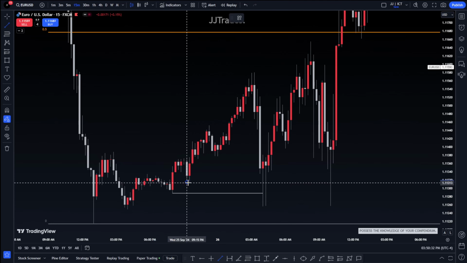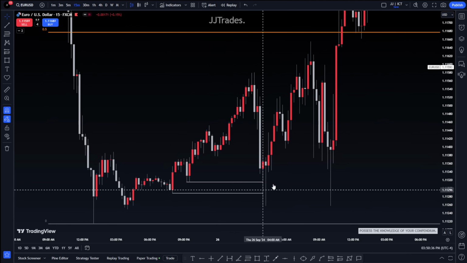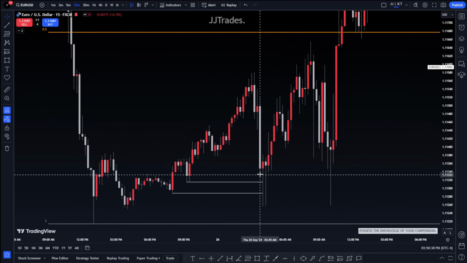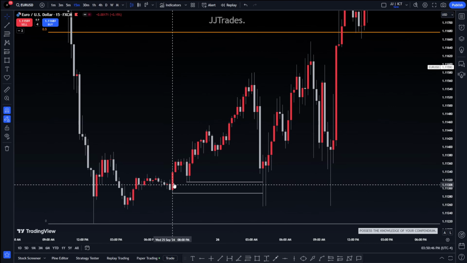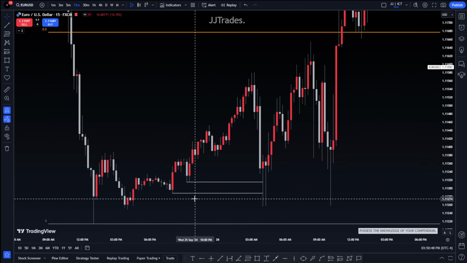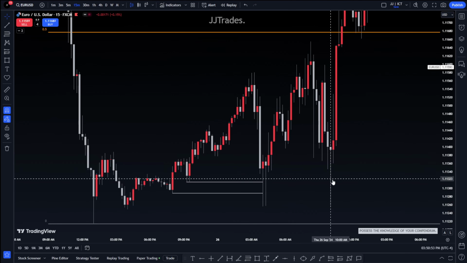Liquidity run, liquidity purge again, takes out those 2 lows. So, you see how it closed above it? That's institutional order flow. Do you see how it closes right above those 2 lows? That's institutional order flow, showing I want to go higher.